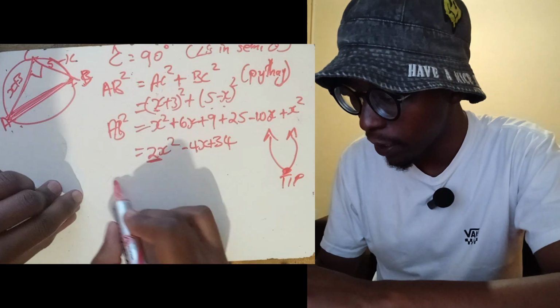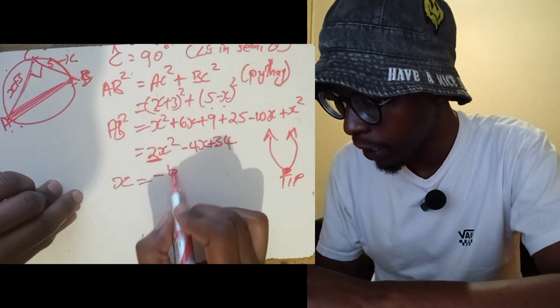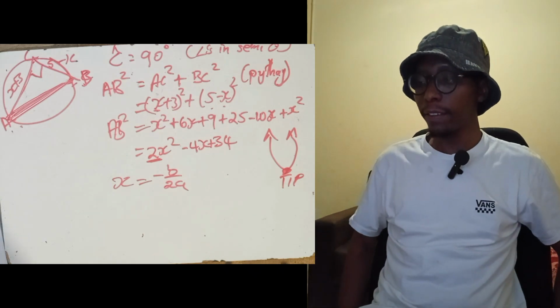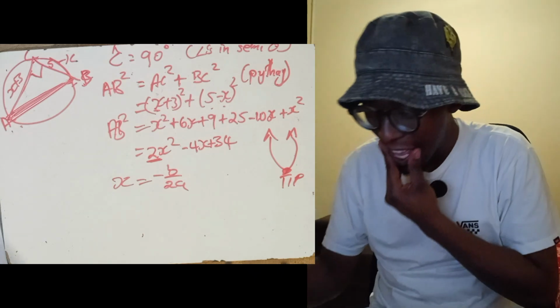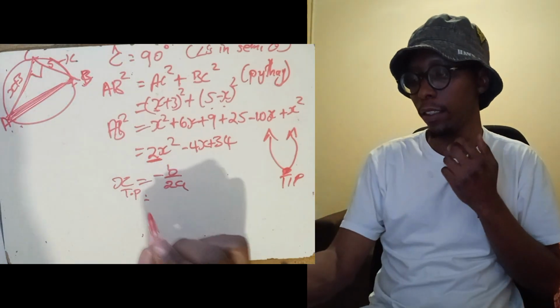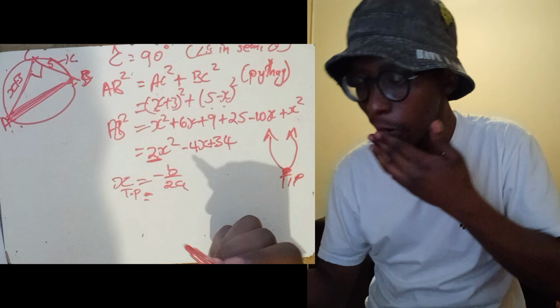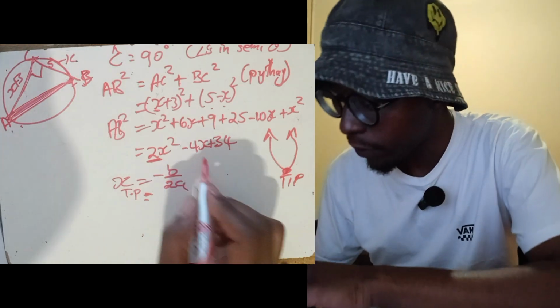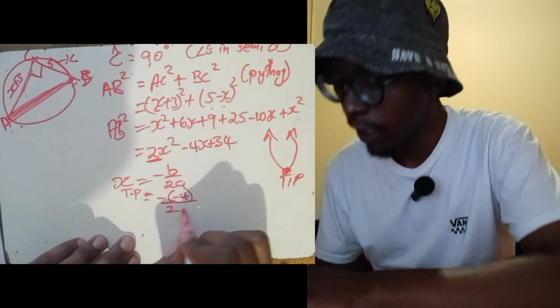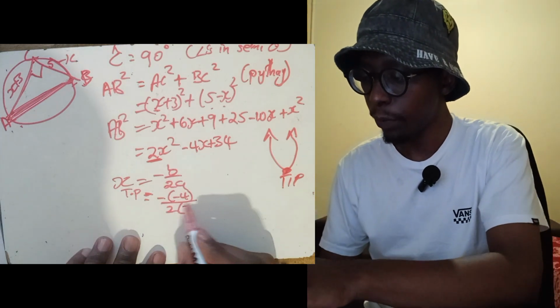Your x value at the turning point, you get it by using the equation x equals negative b over 2a. So this is the x value at the turning point. x_TP is negative b over 2a. And my b value is negative 4, over 2 times my a value, which is 2.